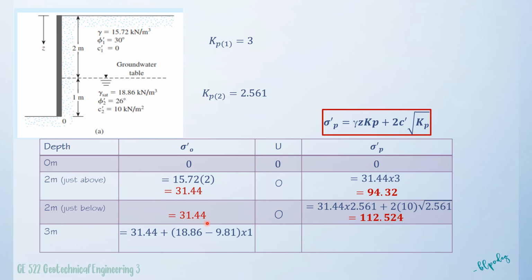So that is 31.44. So we simply put it here, 31.44 plus, considering naman itong second layer. So that becomes unit weight saturated, 18.86, minus 9.81, the unit weight of water, times the distance, which is 1 meter. So shortcut lang ito, parehas lang din.